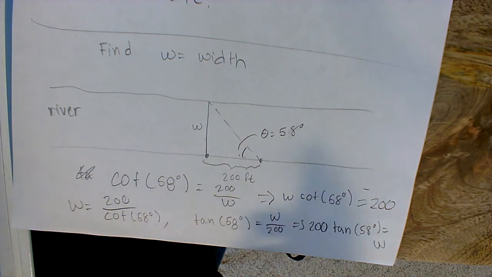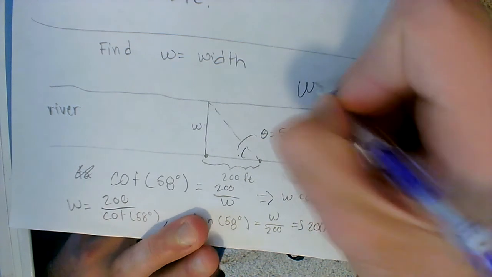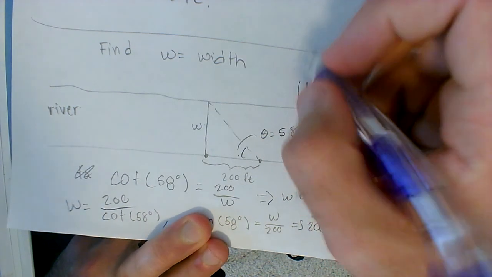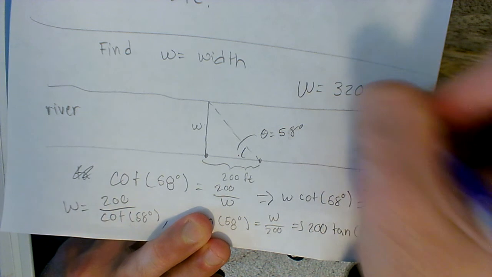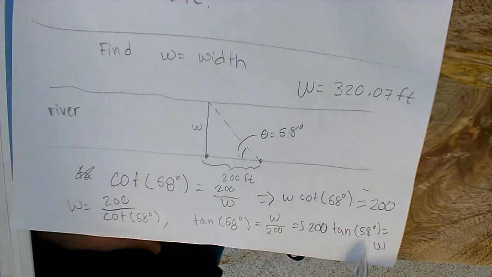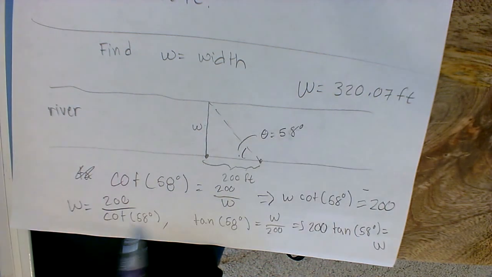So these are two different ways to do it. If you calculated 200 times the tangent of 58 or 200 divided by the cotangent of 58, your width of the river is about 320.07 feet. I did these calculations on the calculator. These two are the same.